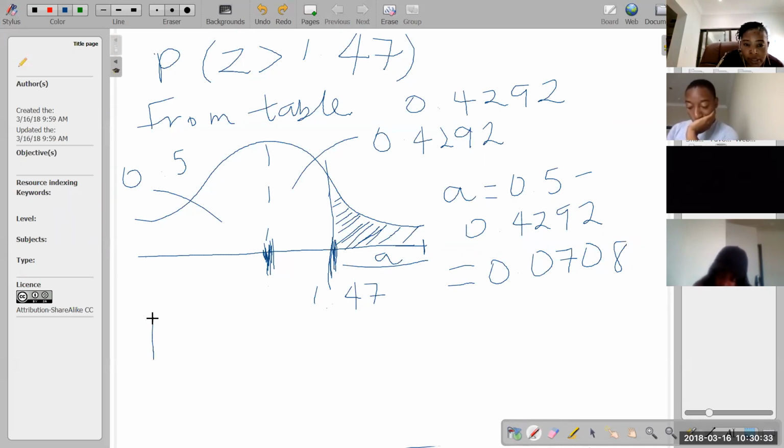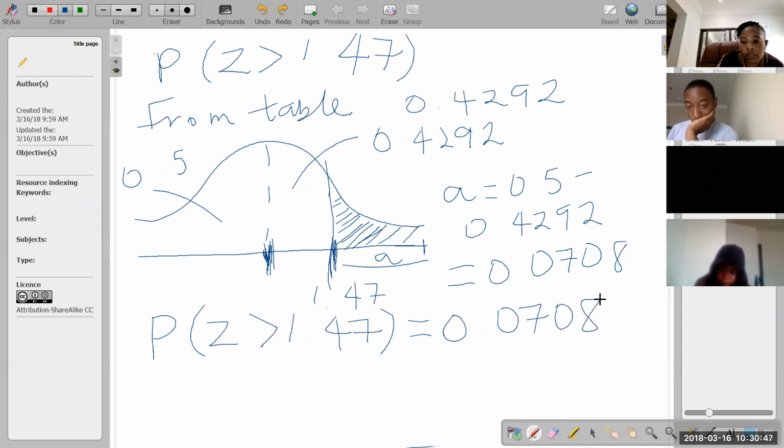So the probability that Z is greater than 1.47 equals 0.0708. Is this well understood?